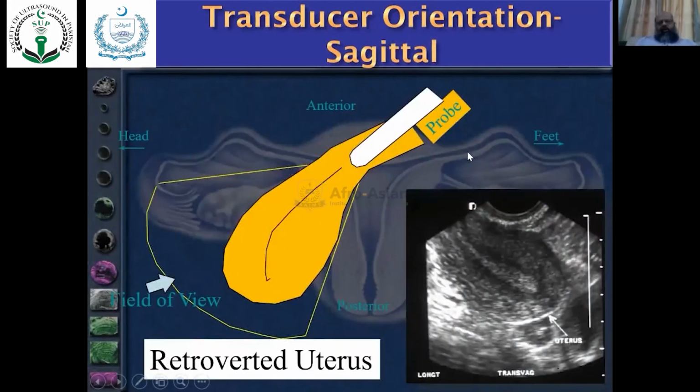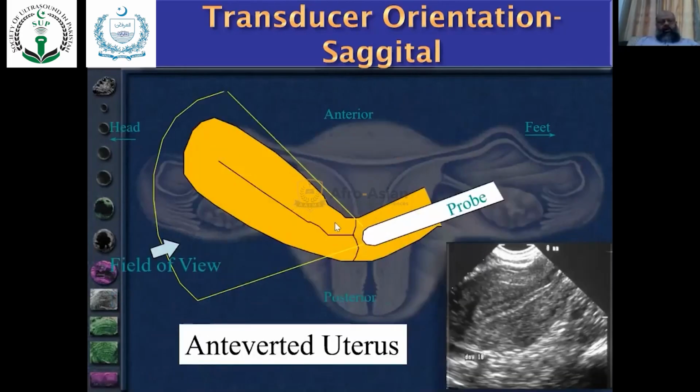Then for retroverted uterus, this was anteverted and anteflexed uterus, because the flexion is at external os, which is the junction of cervix and vagina, and version is the angle between cervix and body of uterus at internal os.